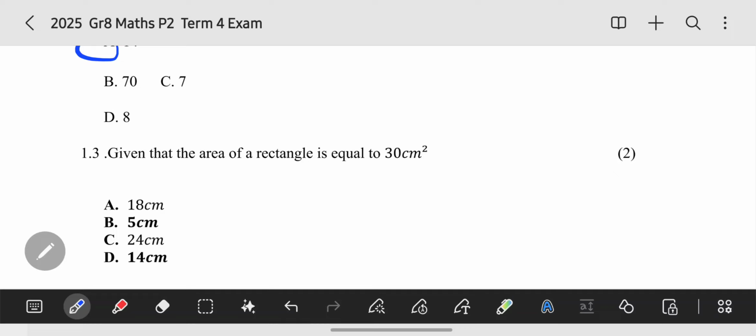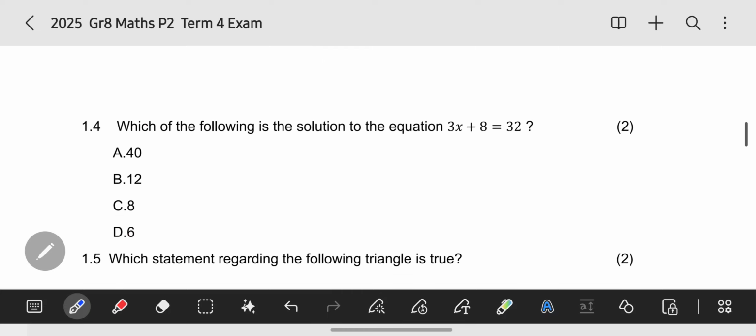I feel like there is an error because there is no question. I think there is an error in this question. Let's skip it.